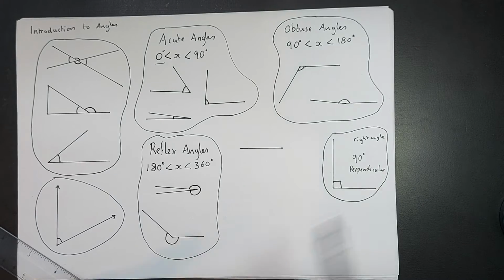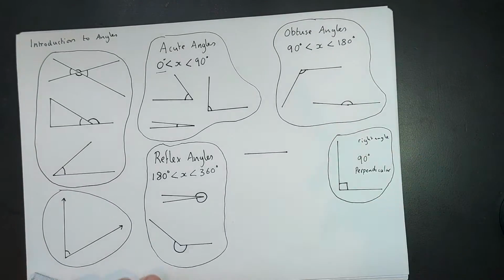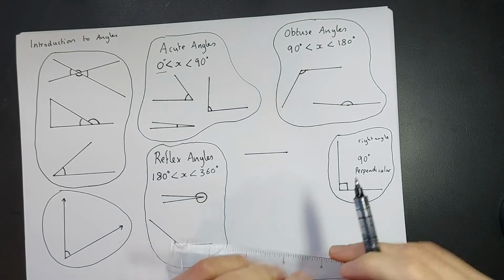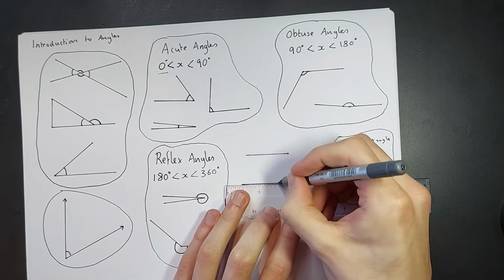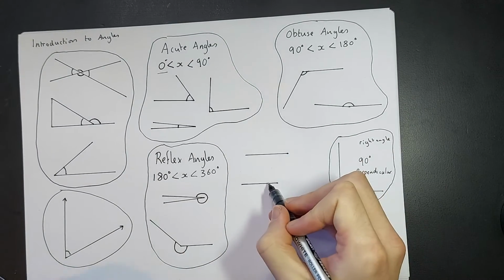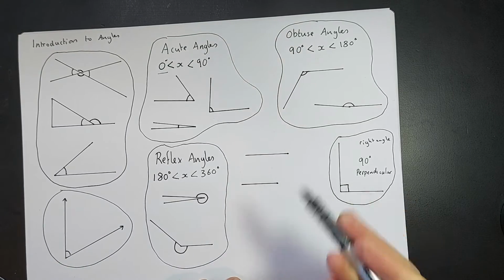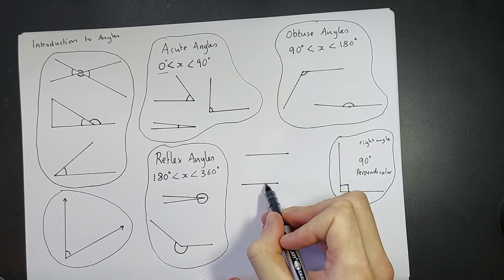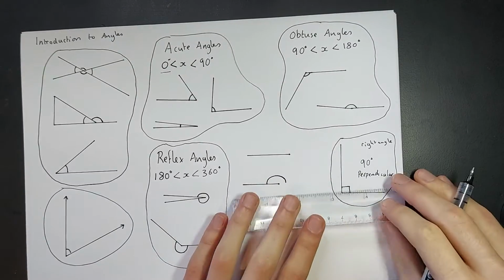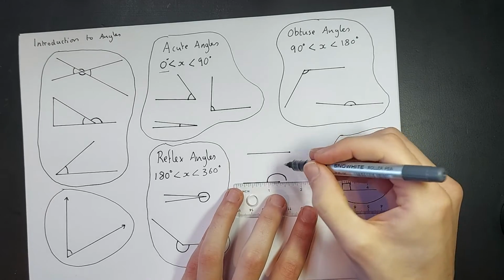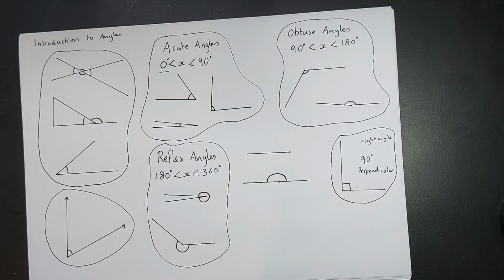The next angle that's not included is 180 degrees. 180 degrees is a very useful angle in maths, but let's try and draw it. We're going to start from a line, then go 180 degrees around the point we're turning about, and it would end up like this, a straight line.